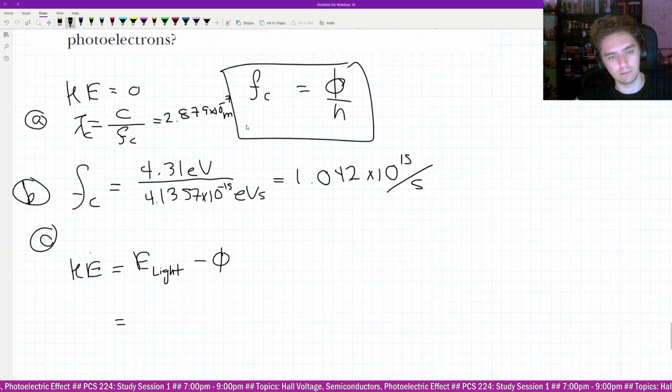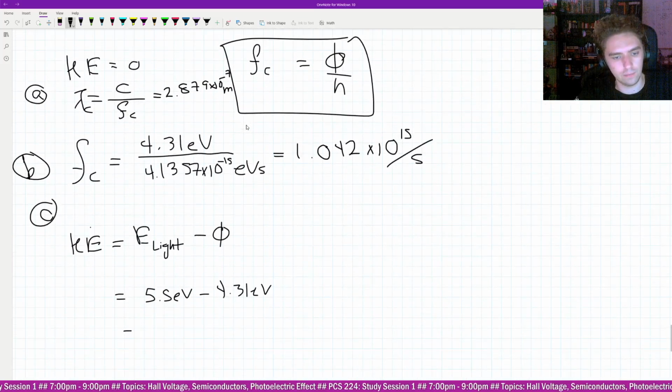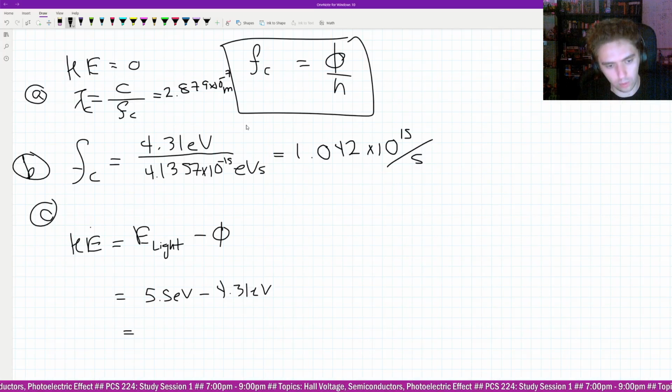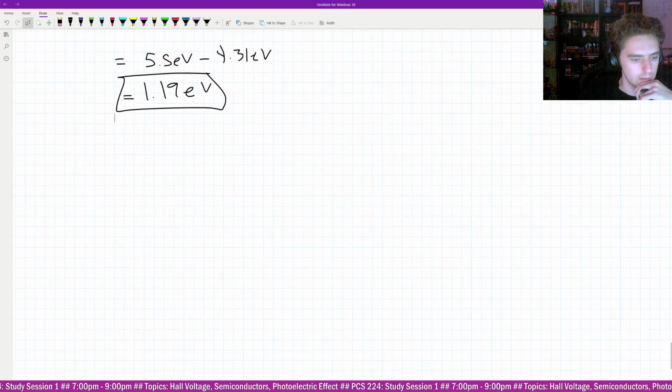So that's 5.5 eV minus the work function, 4.31 eV, which is 1.19 electron volts. There you go. Okay, nice, simple question.